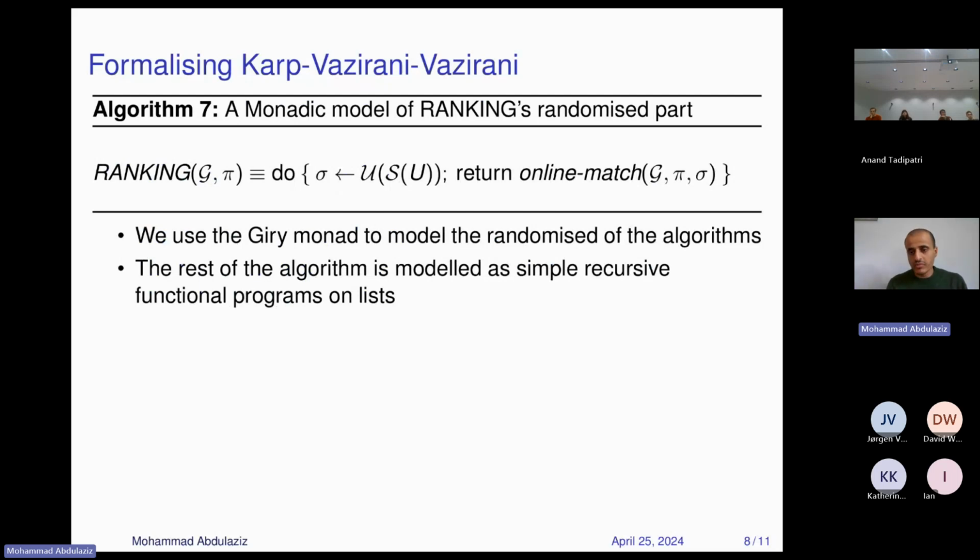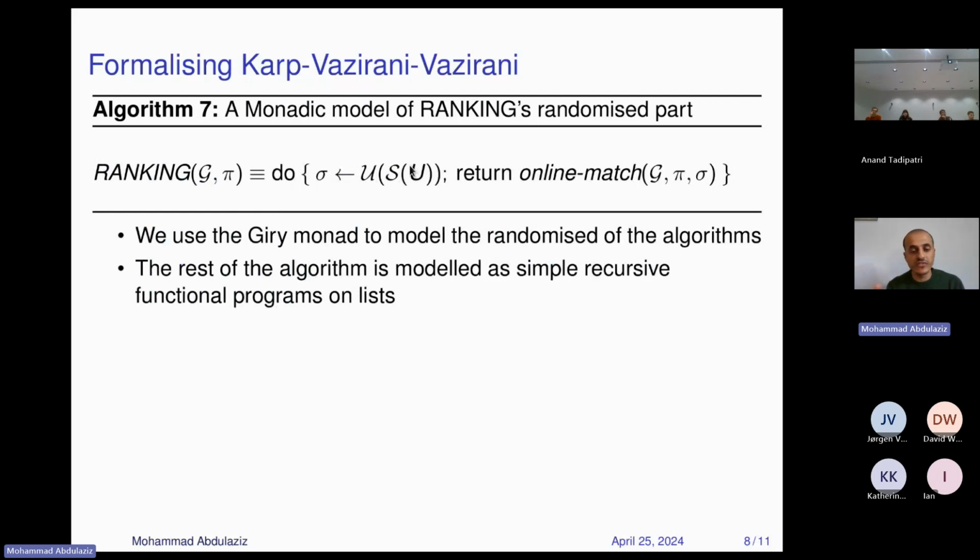The first part of formalizing such a randomized algorithm is modeling it. In Isabelle, we used the probability monad to model this algorithm. So here you draw a uniformly random permutation from the set of all permutations of the offline side.